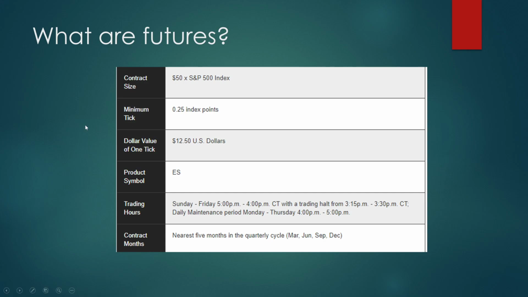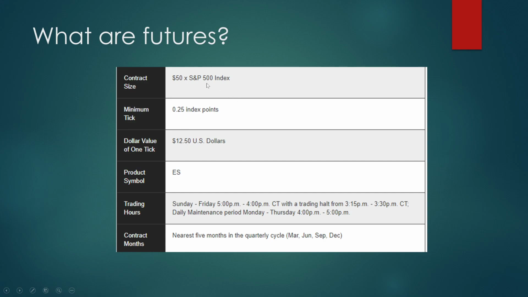You can't buy a contract here for $3,000.10. It would be $3,000 even, or $3,000.25, $3,000.50. 1 point in the E-mini S&P 500, or ES, is going to be $1, and one tick is going to be $12.50.